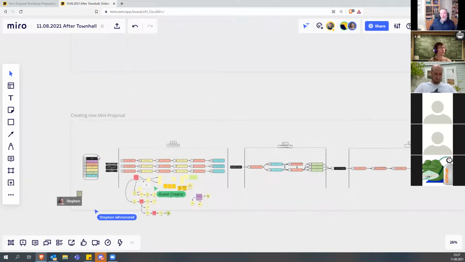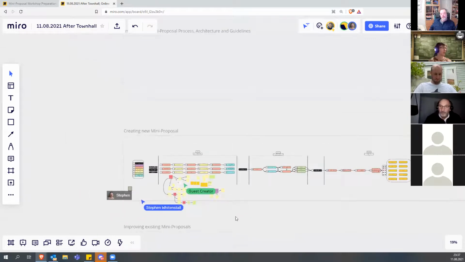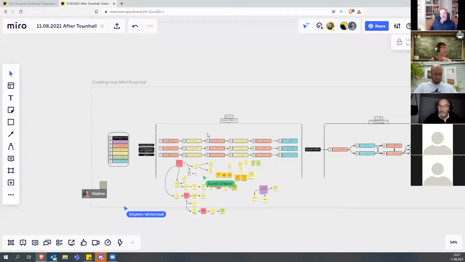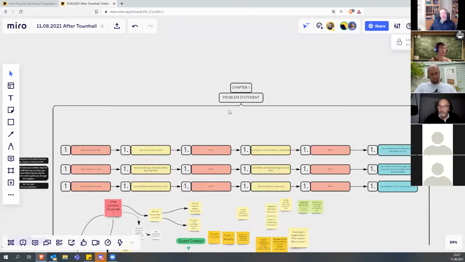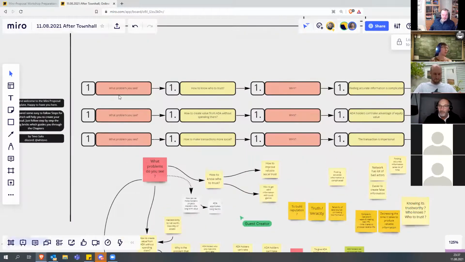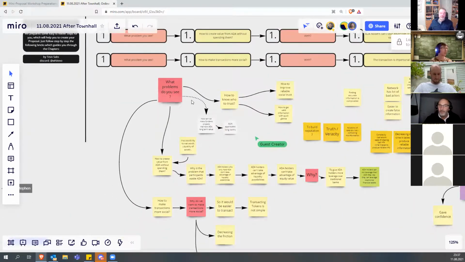The process starts with questions, and then you answer, and then you take this answer and iterate on that. And today we did the first session, or first chapter, 3 times. So everybody came with their idea or a problem they see. The first question was, what problem do you see? And we had 3 questions.